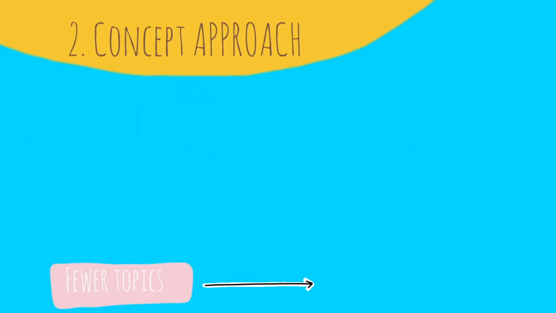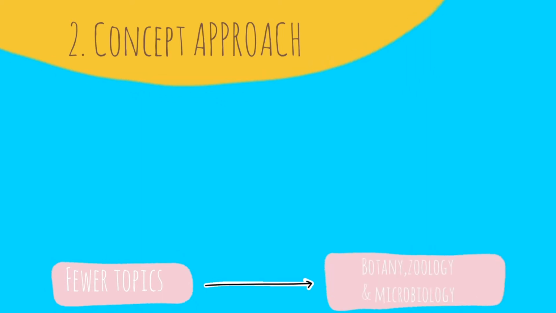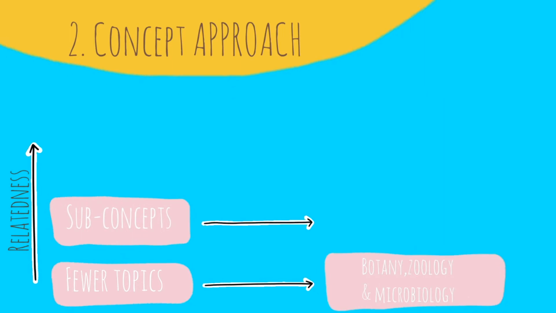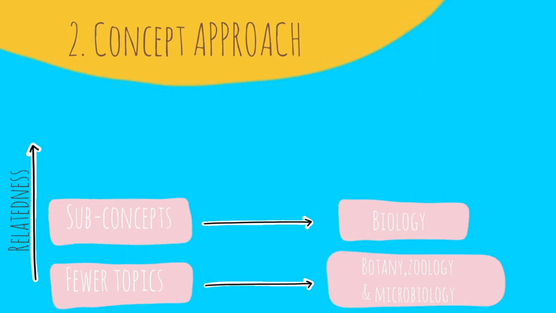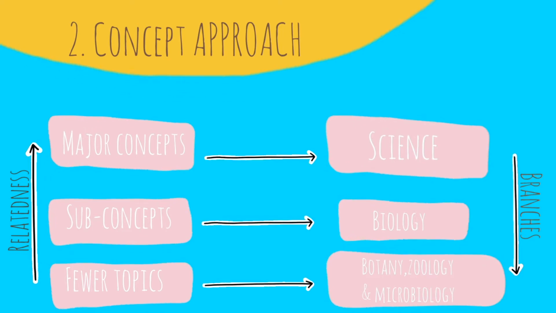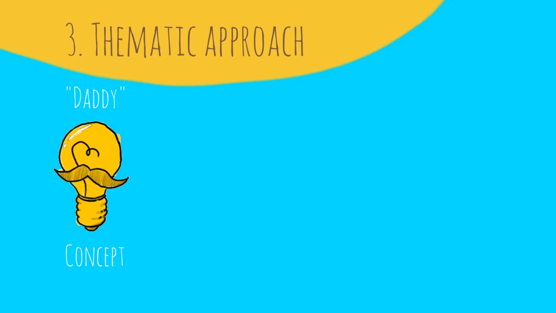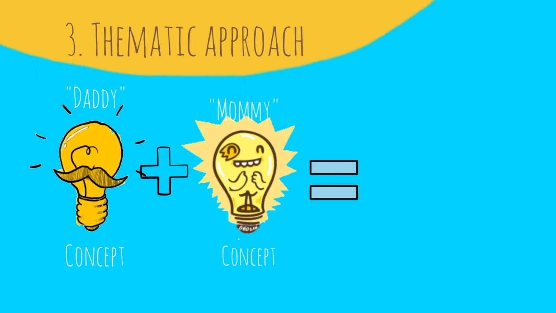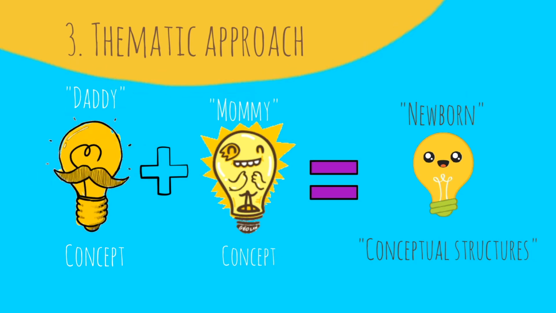It is fewer topics in clusters, for example, botany, zoology, and microbiology, around sub-concepts, which is biology and the science as the major, and their interaction with relatedness emphasized. Third, thematic approach. It is a concept with a combination of 2 or more existing concepts to develop conceptual structures.